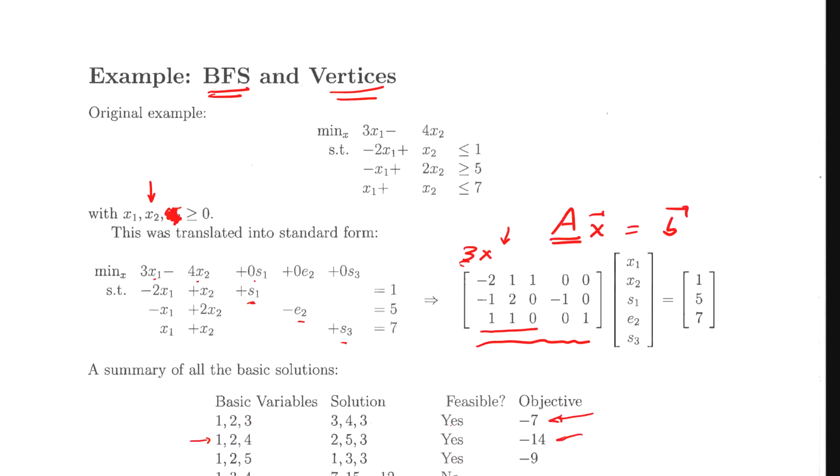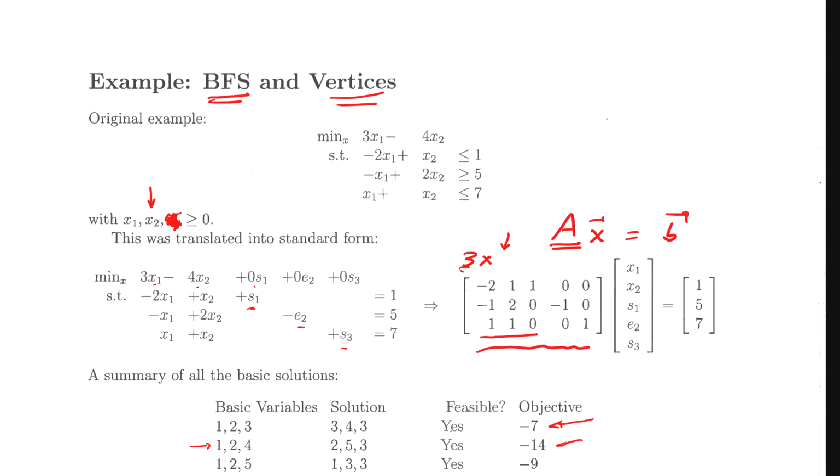And then similarly, 1, 3, 3 is given by selecting basic variables 1, 2, and 5. Now remember, if I wanted to actually compute this value -9, I would put these variables into the value z. So in this case, I've got 3 times 1 plus 2 times 3 is 6.